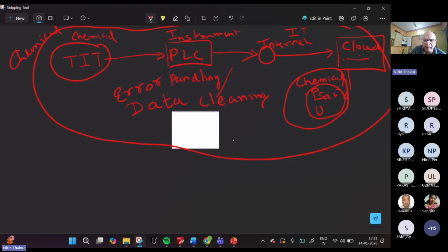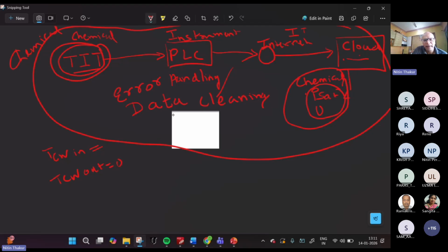So what is data cleaning? Since this is a temperature transmitter or a temperature sensor, there is a chance that... so let me first put into context what I'm talking about.